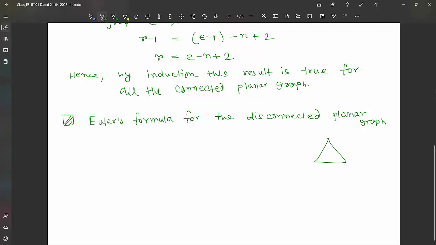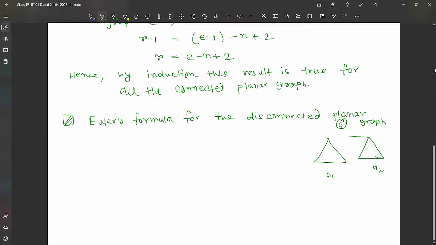This is one of the disconnected planar graphs. That means these are the components G1 and G2, and there is no connection between them. In this graph G there is no connection between this component and this component, but it is a planar graph, because you can draw it in a plane, and no intersection is there.